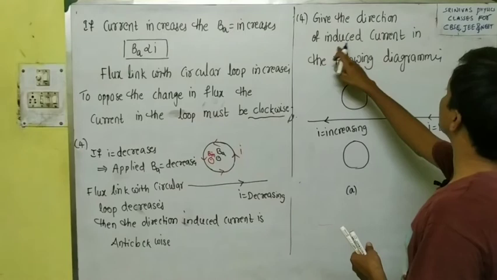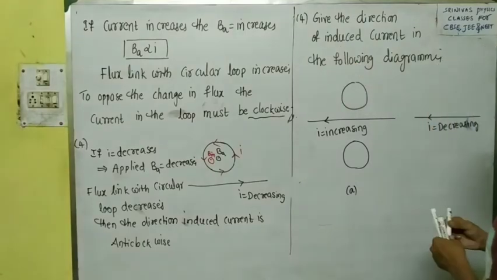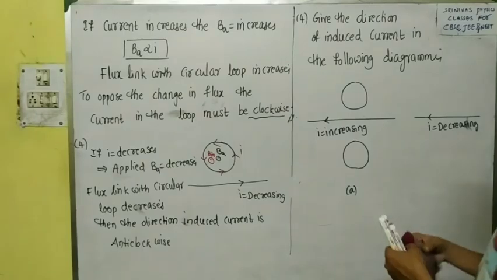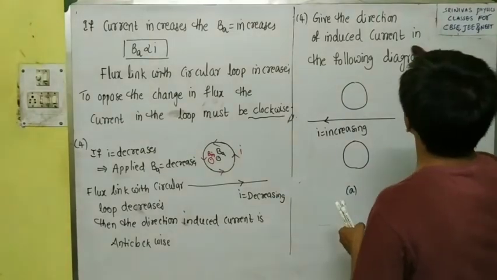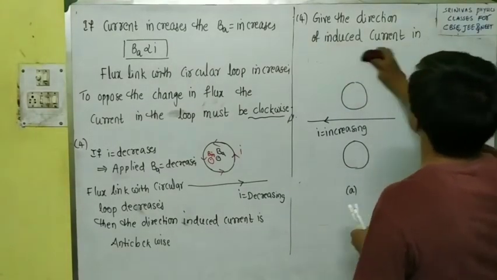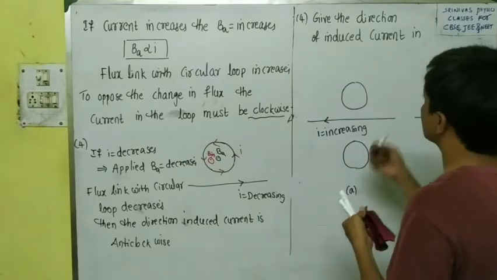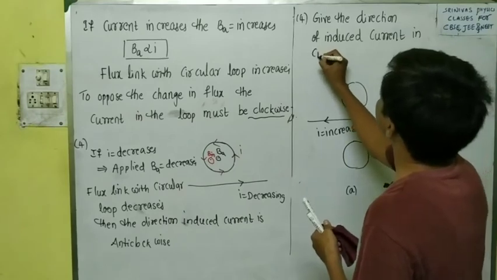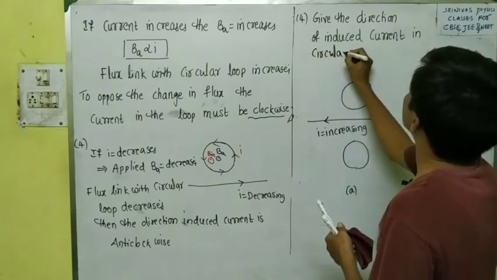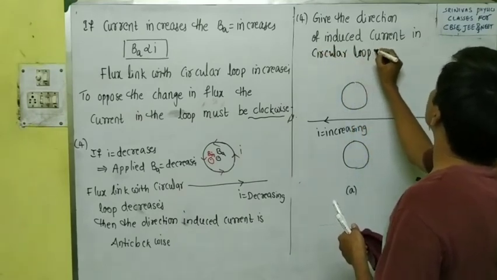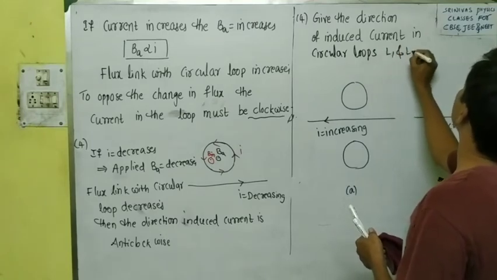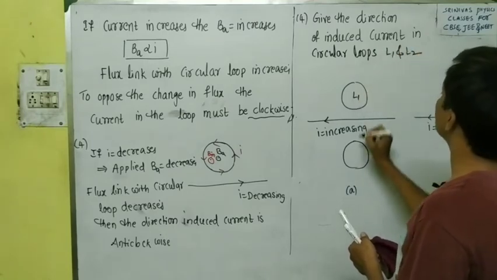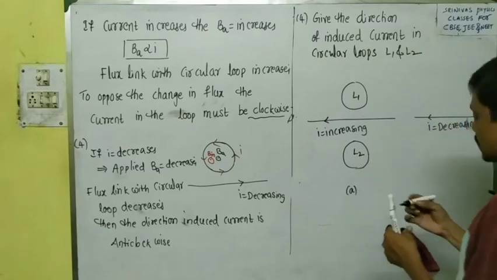I want the direction of the current. Give the direction of induced current in the following circular loops. In circular loops I want to give the direction of current. There are L1 and L2. This is L1 and this is L2, right?